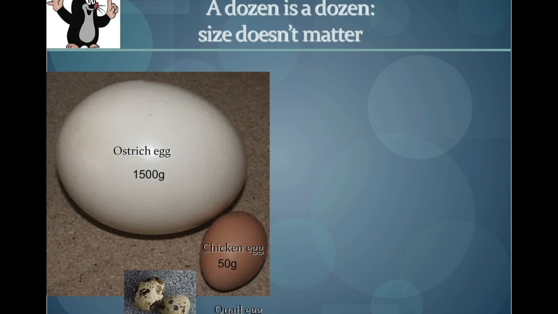With 12 ostrich eggs you could make a lot of omelets, because that's a very large amount of stuff, but it's the same number. It's always going to be 12, whichever one you're talking about. So basically, a dozen is a dozen. And the same is true for a mole.